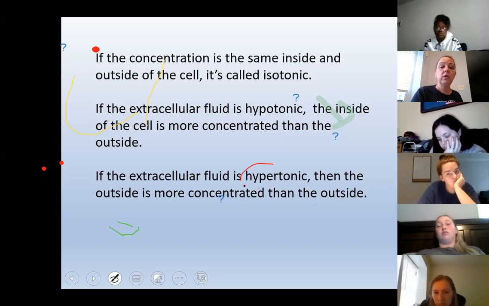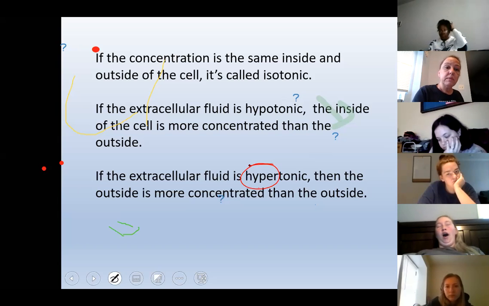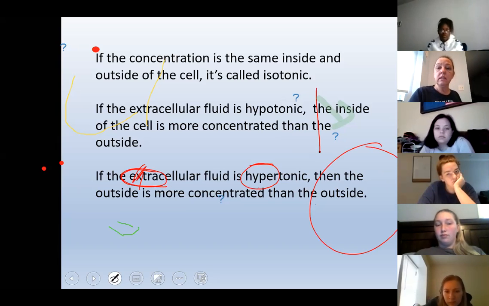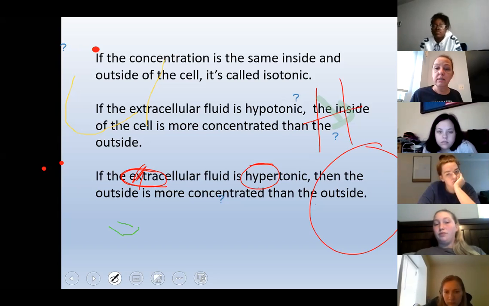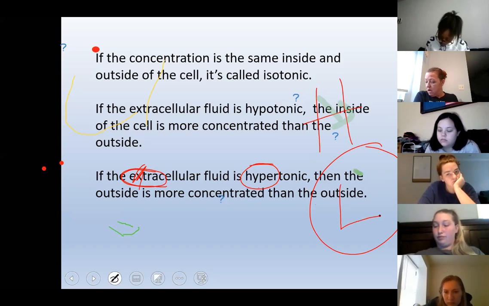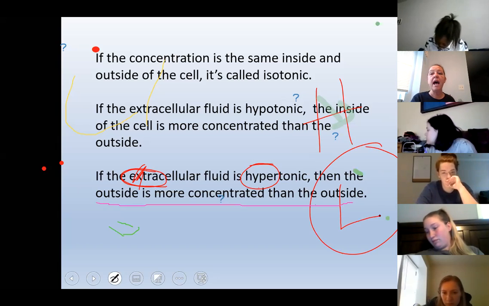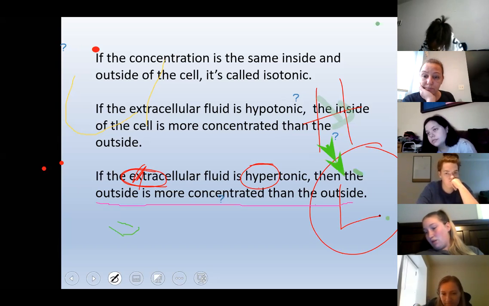So here I'm looking at hyper, meaning excessive. Still talking about the outside. So this means that the outside has the higher concentration and the inside has the lower concentration. How is my fluid going to move now to dilute out the higher concentration?